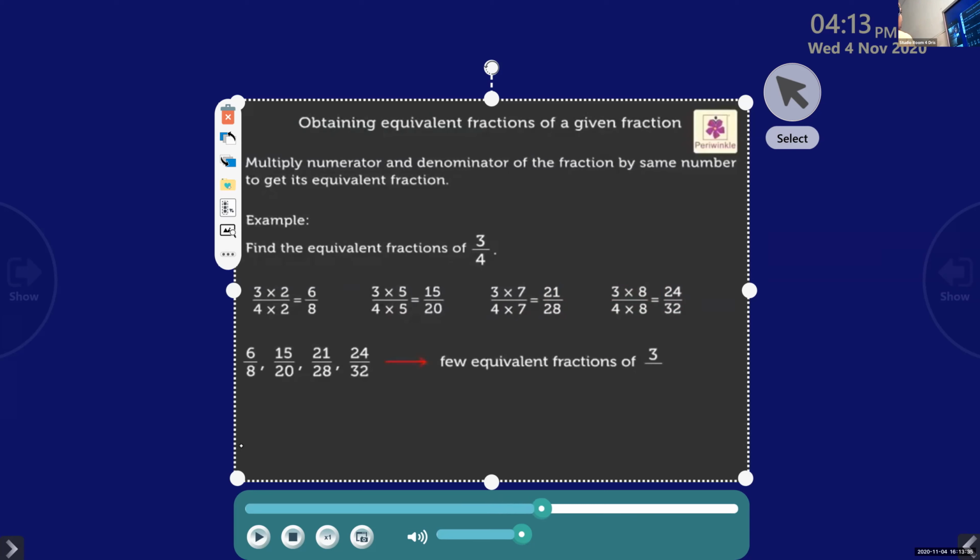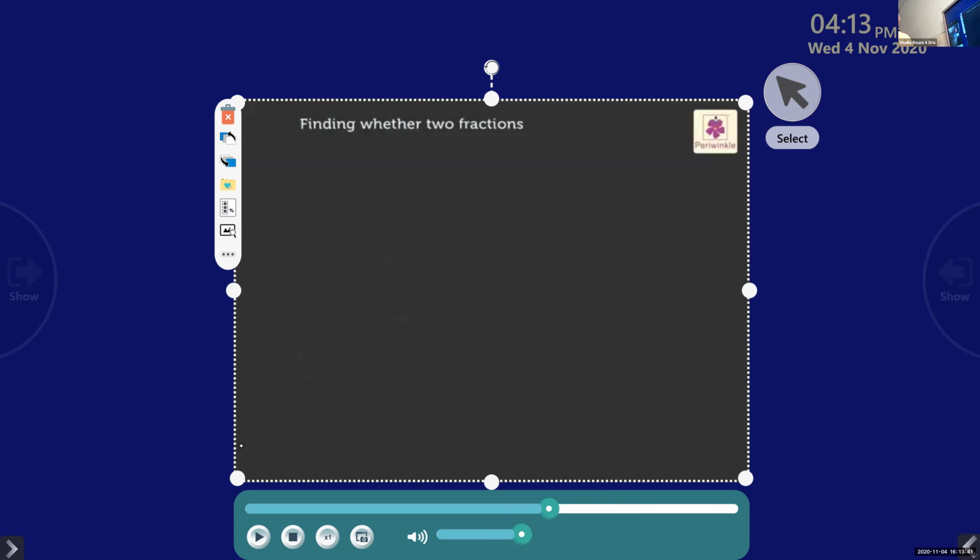We can also find out if two fractions are equivalent or not by cross multiplying. If both the products are equal, then they are equivalent fractions. Let us see a few examples. Example 1. 2 upon 5 and 4 upon 10. Here we cross multiply the numbers. That is, we multiply 2 and 10 and 5 and 4.